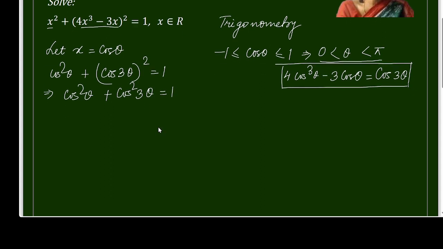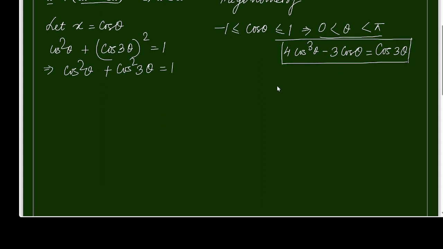Next simplification. Again I will apply the formula 1 + cos 2α = 2 cos² α. From this, cos² α can be written as (1 + cos 2α)/2.